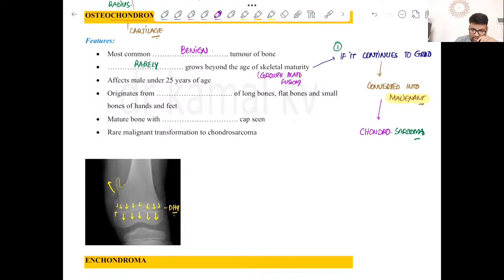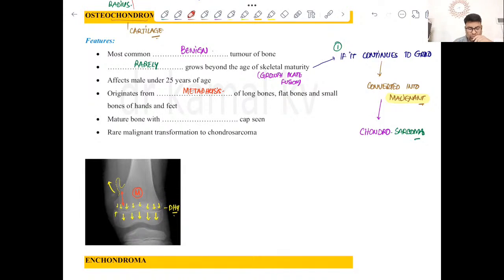Now it arises from, if you see here, this is all metaphysis. So it arises from metaphysis. Originally it is related to growth plate, but since the activity of growth plate is so fast, the distance between the growth plate and the tumor keeps on increasing, right?